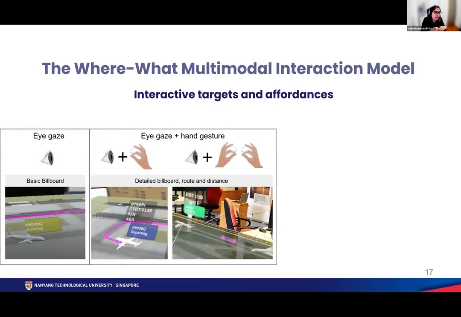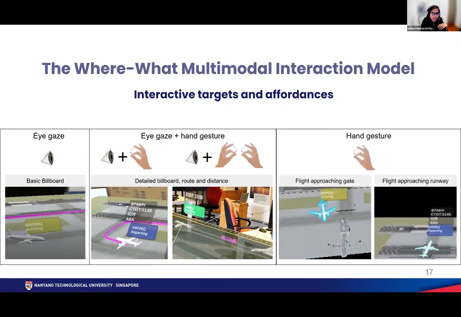Now, performing a mid-air tap gesture, like I'd mentioned, it's called an air tap, while looking at the aircraft unlocks more information about that aircraft, such as a detailed billboard and route. Air tapping two aircraft simultaneously will show the distance between them. Air tapping on a gate or a runway will also highlight any flight that is approaching these gates and runways. Now, this is a summary of the various interactive affordances that we have in our system.